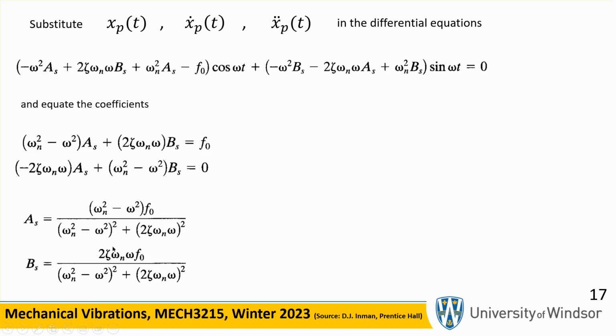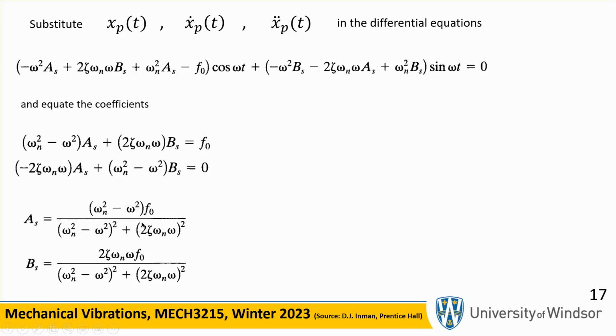On the right-hand side, we know omega n because it's the natural frequency of our system. We know the driving frequency, omega. Damping ratio, we know it. And little f naught is the big F naught, the amplitude of the applied harmonic load, divided by little m.